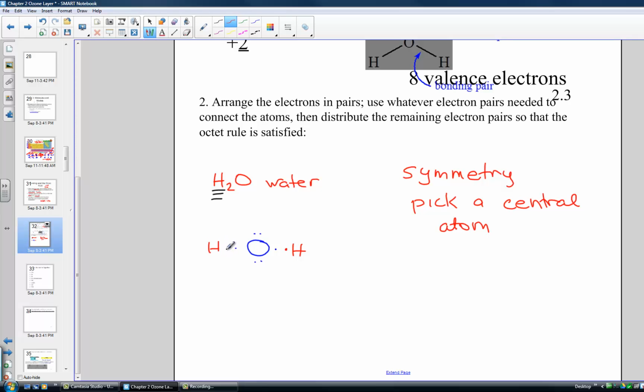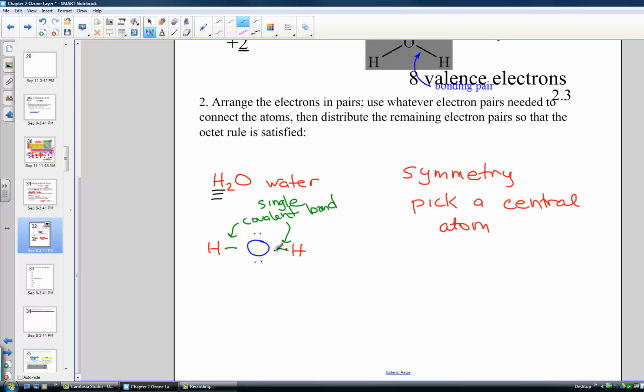And so I place them so that when I connect the hydrogen electron to the oxygen electron, and I'll do it in green so we can see, this is the very definition of a covalent bond, a shared pair of electrons. When I connect these two electrons with a single line, it's a covalent bond. I'll add the word single because it's just one shared pair.